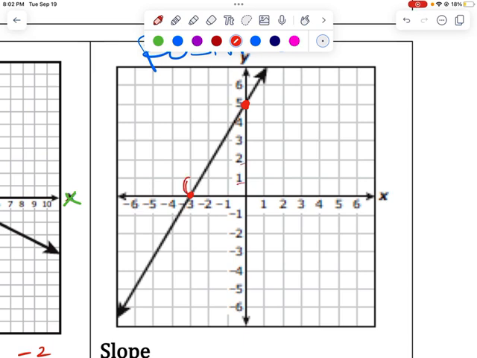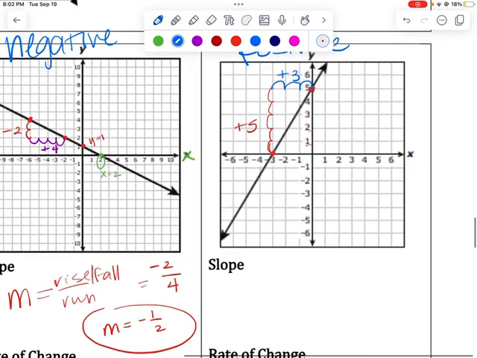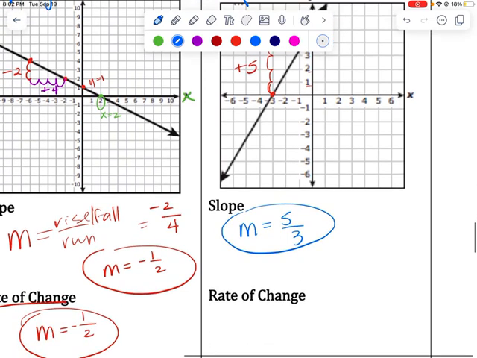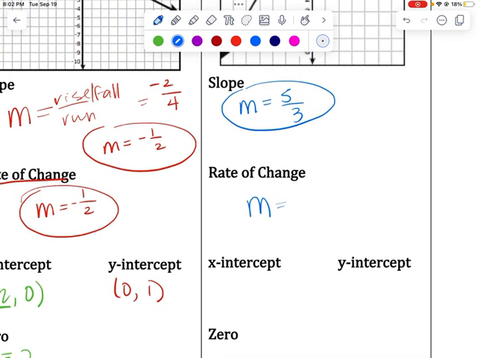Yep. 1, 2, 3, 4, 5. So this time it's going to go up 5 and to the right 1, 2, 3. 5 over 3. Rate of change, same thing as slope. So that's 5 over 3.